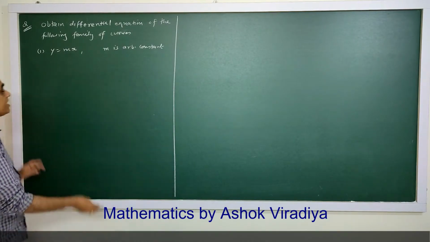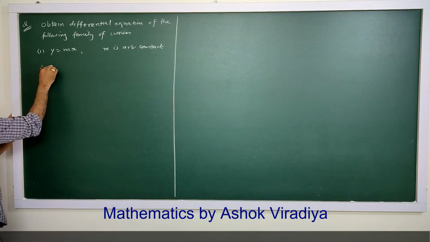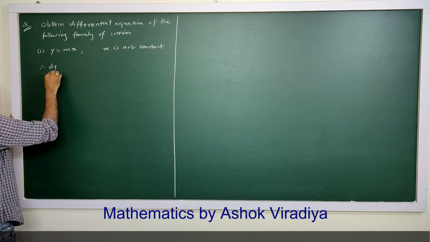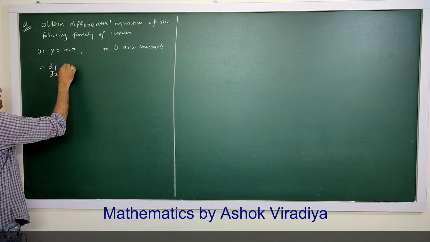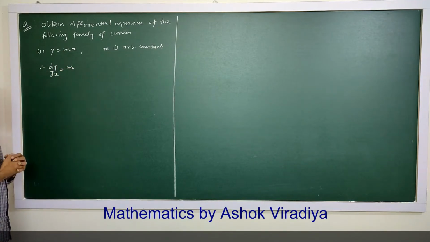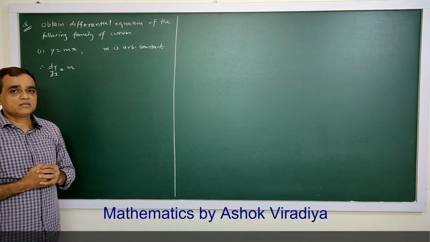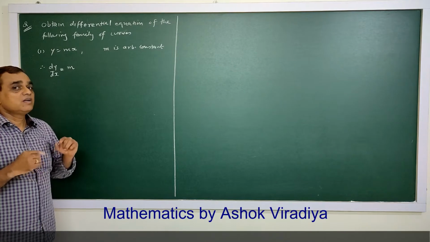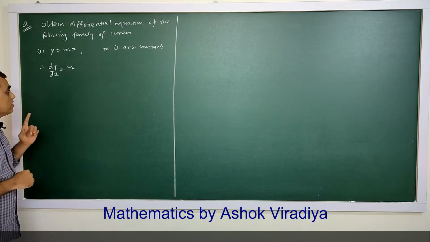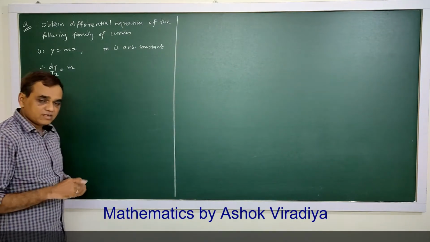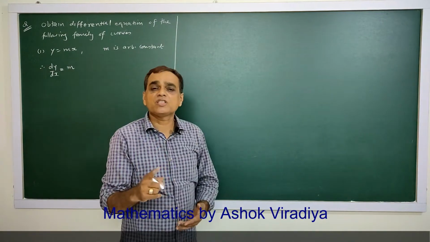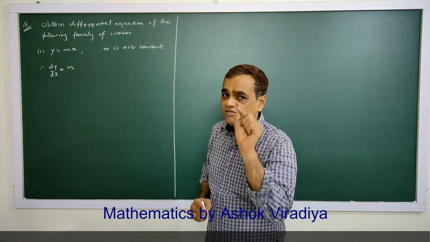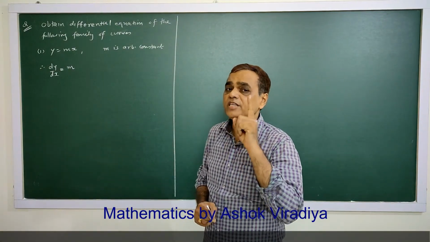So differentiating this with respect to x, dy by dx equal to m into 1. So we obtain this equation. Now, the second point: the differential equation must be free from any arbitrary constant.